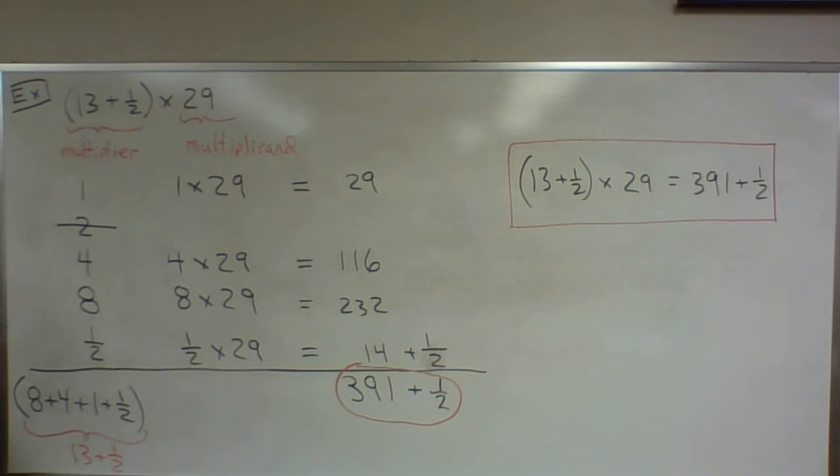That we should get 13 plus 1/2 because that's what the multiplier is. And the sum of these things is just a decomposition of the multiplier into distinct powers of 2. So if we add these things up, we get the multiplier.